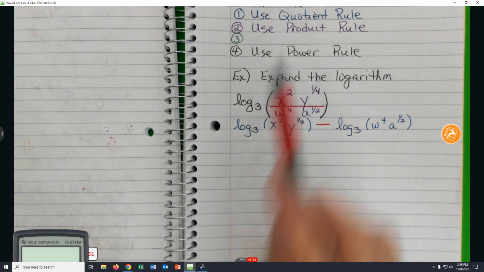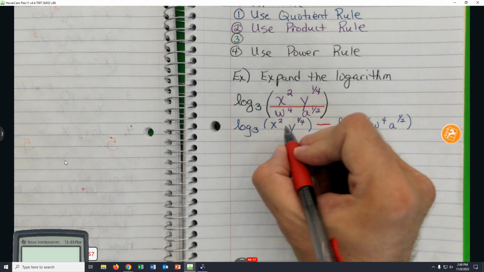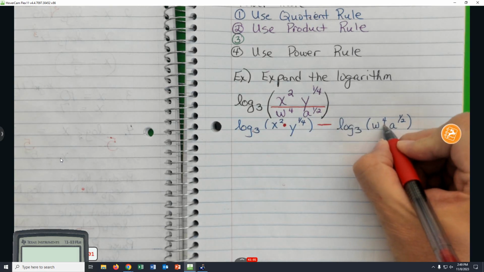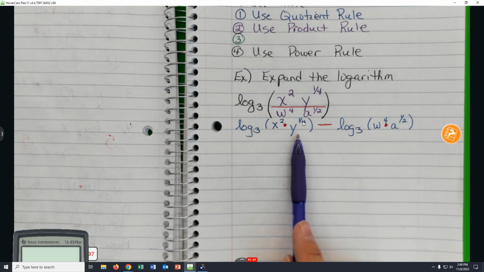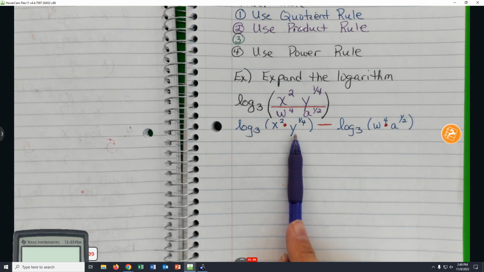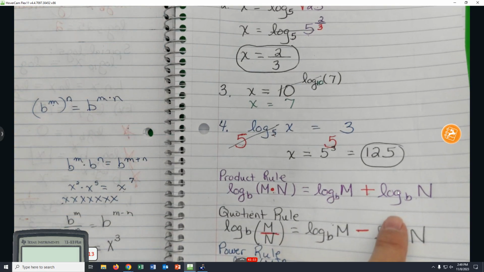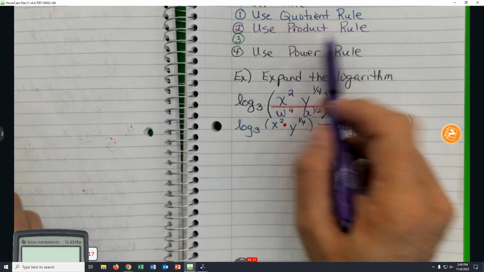The next thing I'm going to do in purple is use the product rule, but I want to go ahead, since it's a product rule, let me put the dots to indicate the multiplication. X squared is being multiplied by y to the 1/4. We have a product, so we can split up that product as the sum of the two factors. In fact, we're going to be using the product rule twice.